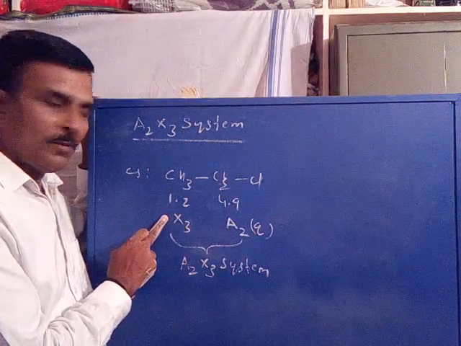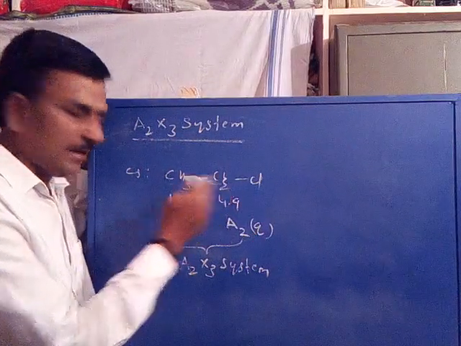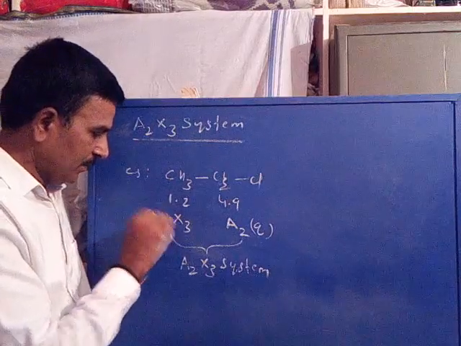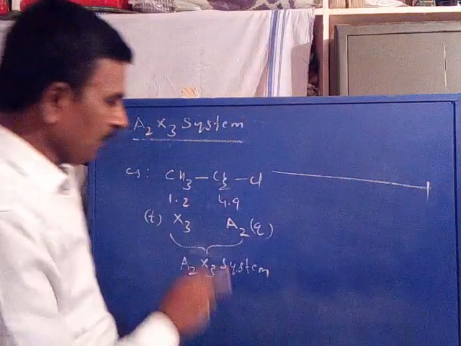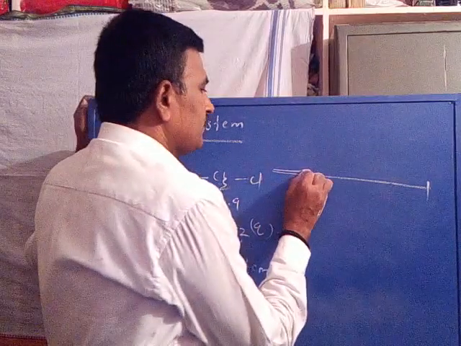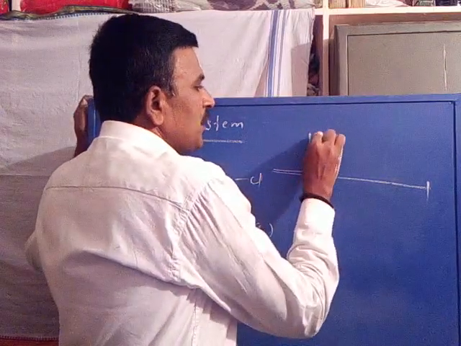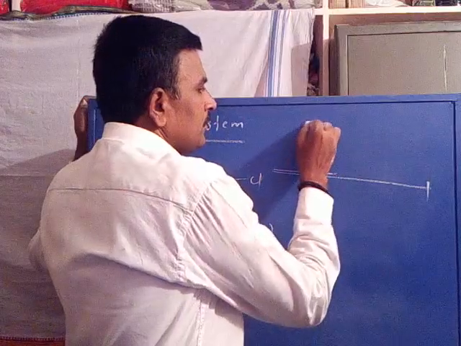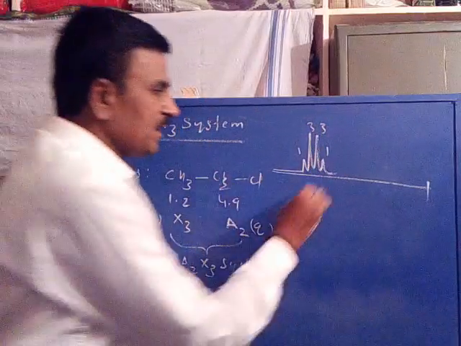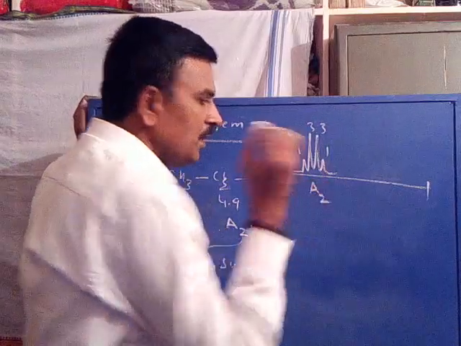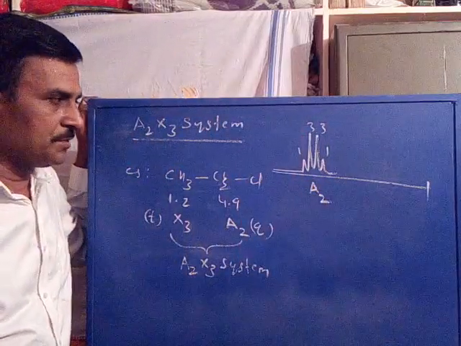X has 3 proton coupled with its 2 adjacent, a triplet multiplicity. Now its spectrum contains A signal as quartet, 1:3:3:1, 1 is to 3 is to 3 is to 1. This corresponds to a set of proton which has 2 hydrogens.